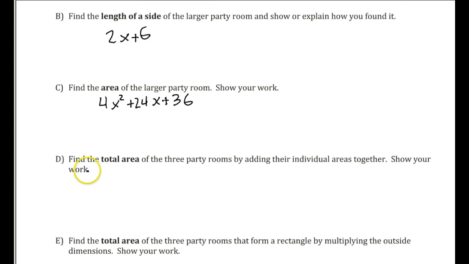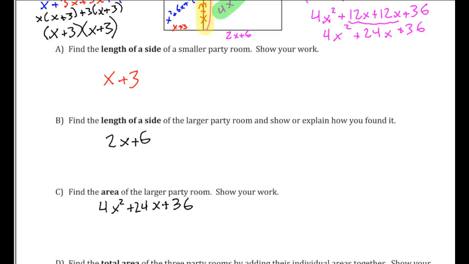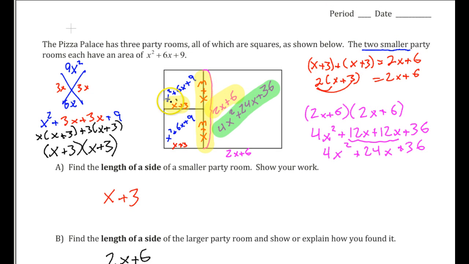So lastly, we have the total area two different ways. We're finding the total area by adding the three smaller rooms, and then finding the total area by finding the length of the rectangle and multiplying the outside dimension. So we have x plus x squared, we have two of these, plus the area of the big one. So we're going to add all three of those together.